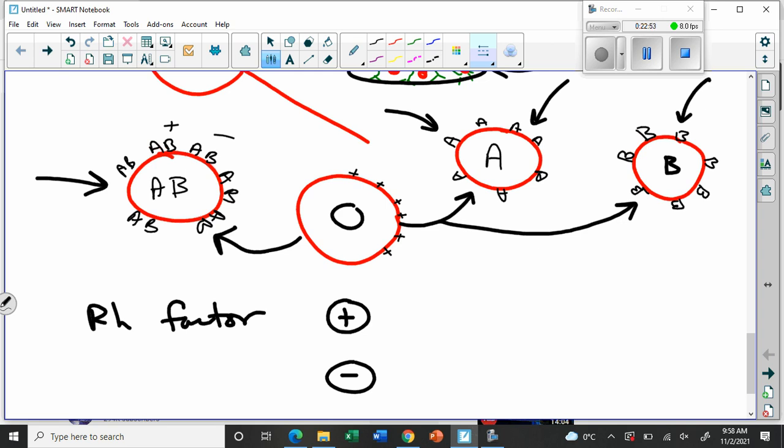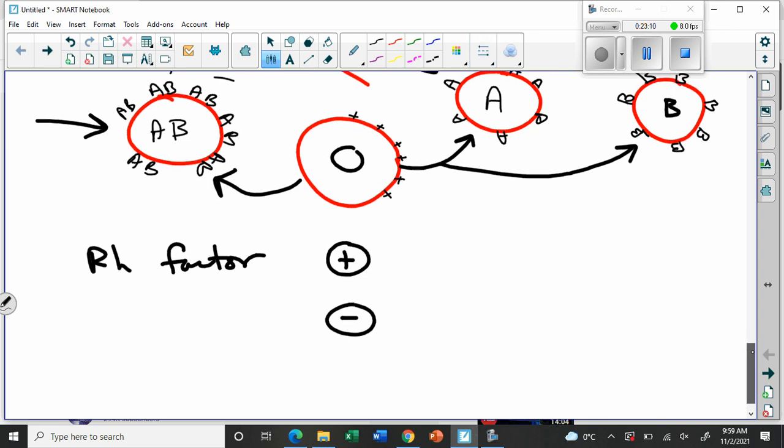And so that's another blood identifier that doctors have to watch to match up so there are no problems. And that's how blood typing actually works. It's basically just describing the membranes of your blood cells and what molecules are on there. All right, so that's blood typing.